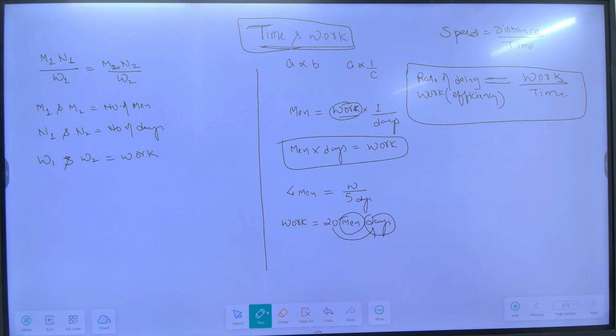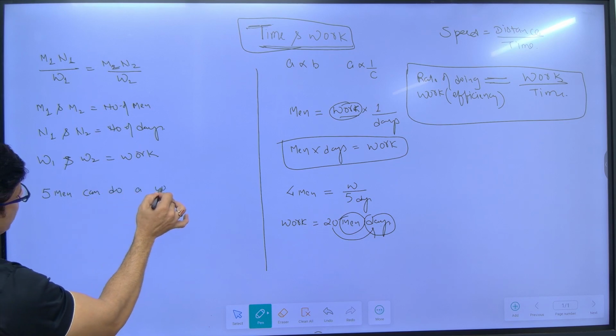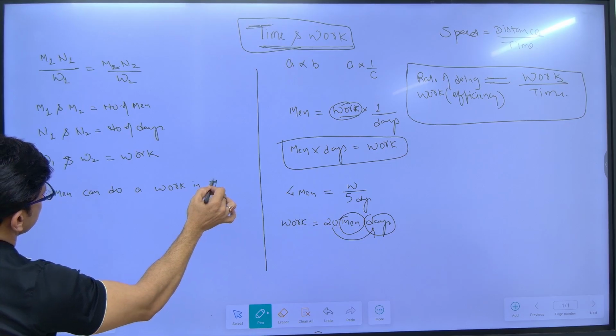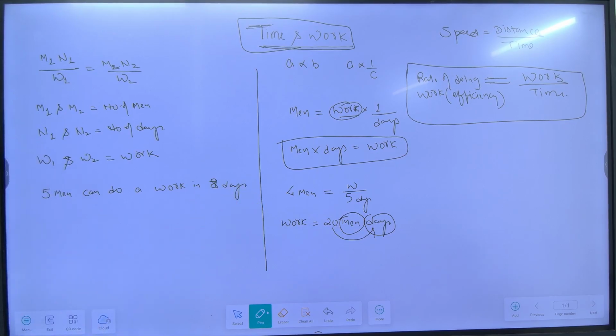Let's try to understand. If I say there are 5 men who can do a work in, let's say, 8 days. 5 men can do a work in how many days? 8 days.